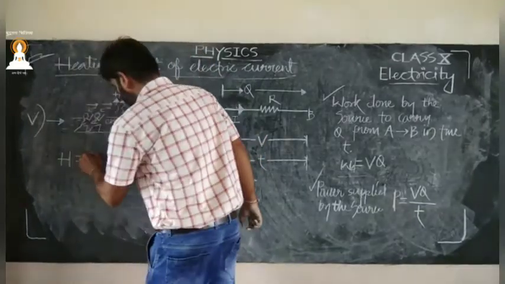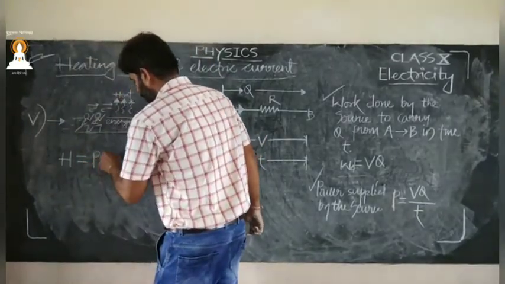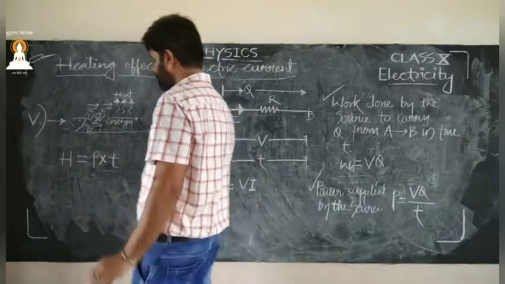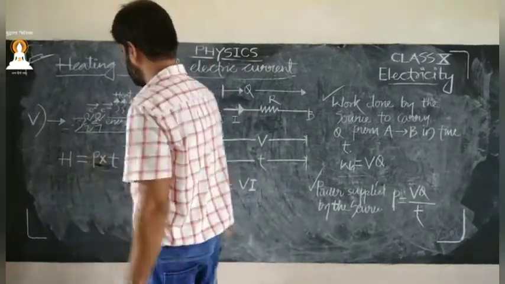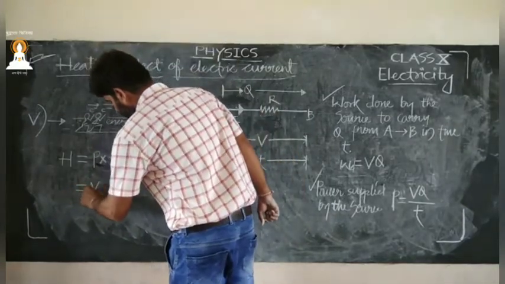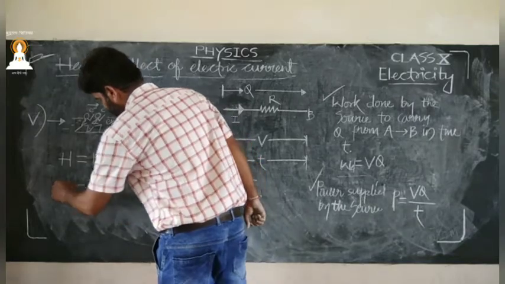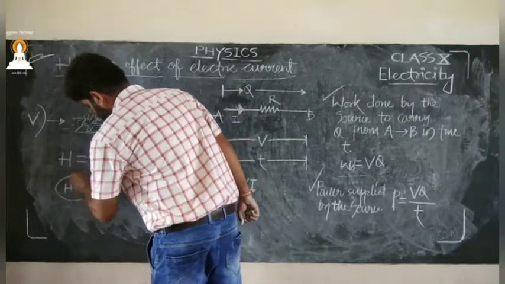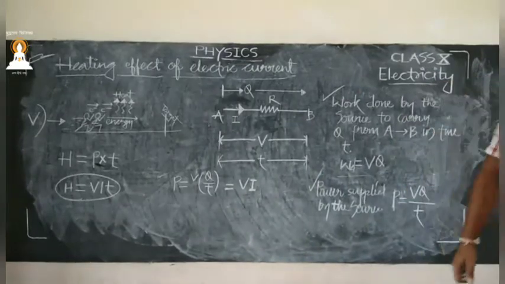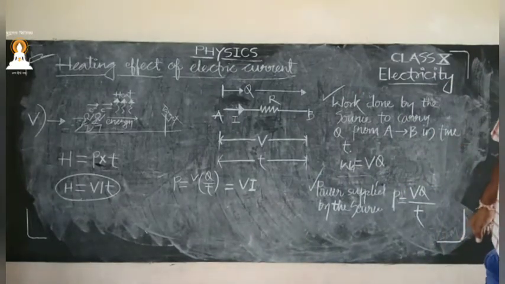That will be power into time. So energy supplied by the source will be P into T, that is V into I into T. So H is equal to V into I into T.